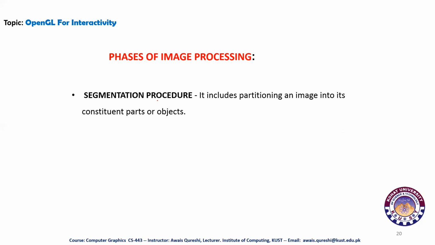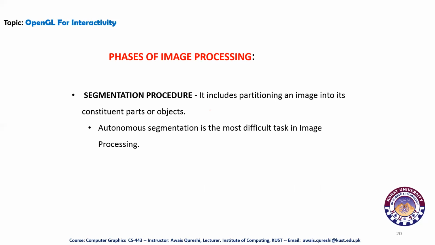Segmentation procedure. It includes partitioning an image into its constituent parts or objects. So when we divide an image into different parts, we call that partitioning a segmentation procedure. In this procedure, we divide images into different parts and do our analysis easily. This is basically a divide and conquer strategy, in which we partition an image into different parts and then dig into those parts more deeply.